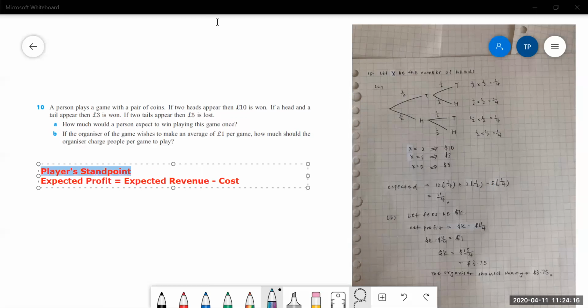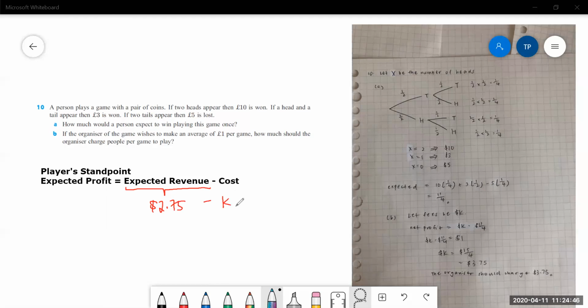Now as the organizer, the player's profit is our loss, right? Yeah, the player's profit is our loss. So over here, the player is expected to make like $2.75. So now you let the fee be K.